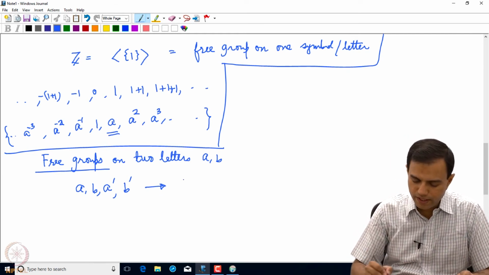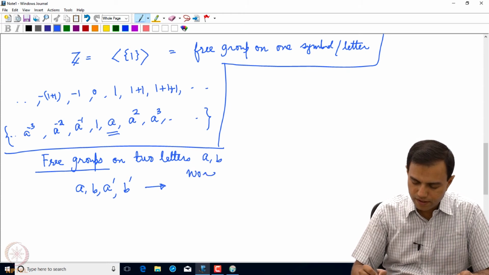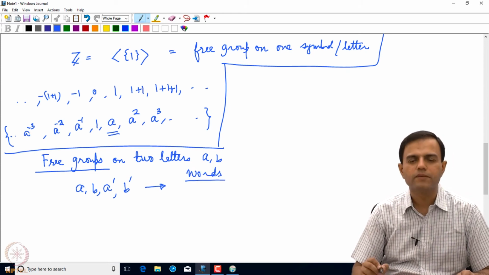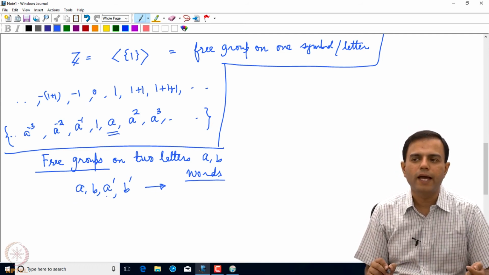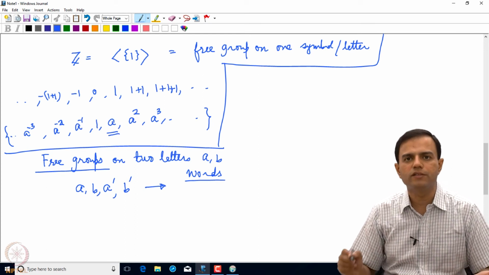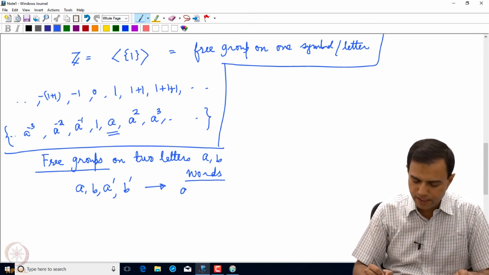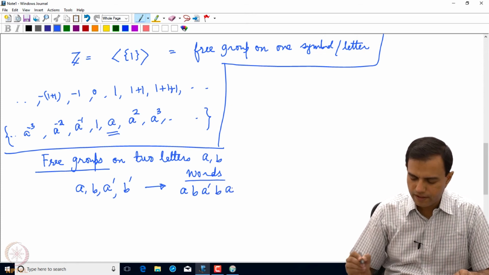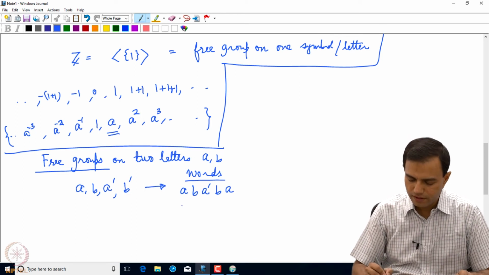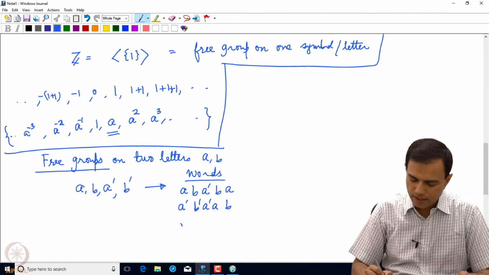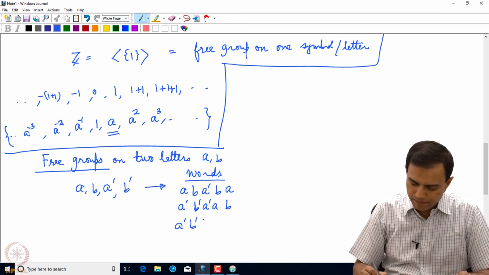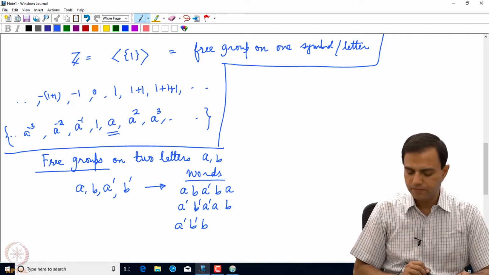So how do words look like? Any sequence of them, any sequence of A, B, A prime, B prime, and in any fashion, of any length. So say A, B, A prime, B, A. That's one. A prime, B prime, A prime, A, B. That is one. A prime, B prime, B. That is one.